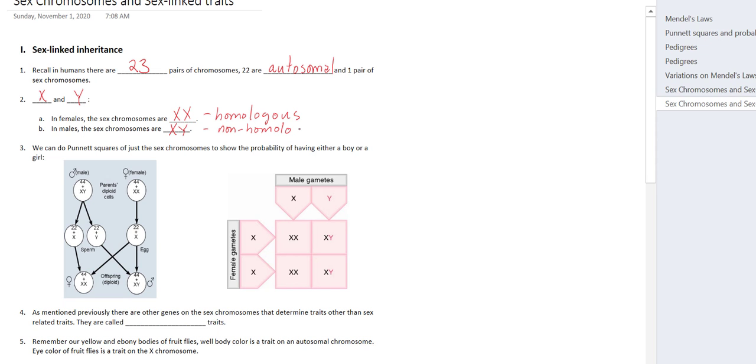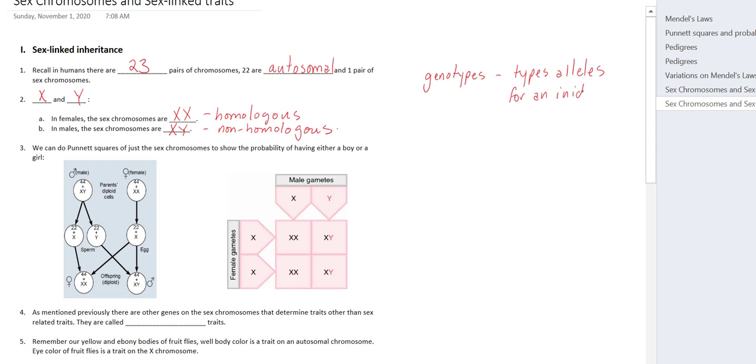All right. We've done this a little bit already, so hopefully this is just a quick recap. If we look at a Punnett square and talk about sex determination in sexually reproducing organisms, when we talk about genotypes, in the past we talked about the types of alleles present for an individual.